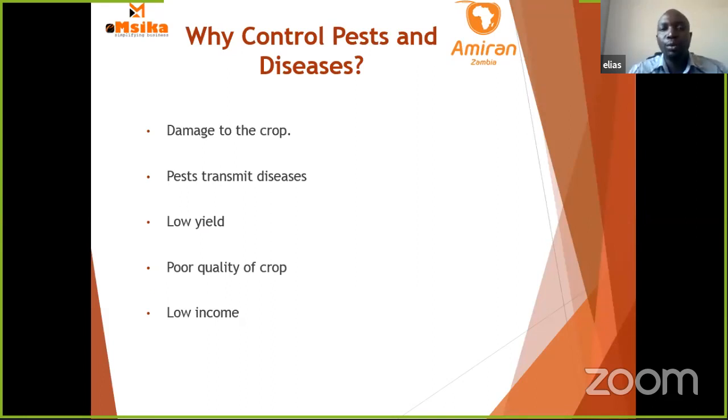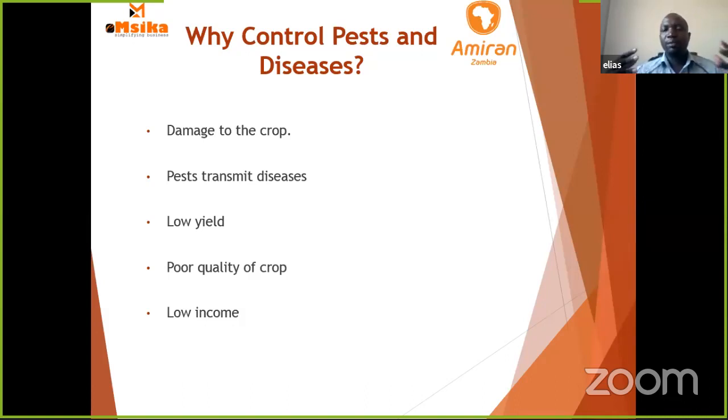Why control pests or diseases? Number one is they cause damage to a crop. You as a farmer, when you are growing a crop, your intention or what you are looking after is to get profit from that crop that you are doing. But the pest comes in to disturb your intentions.